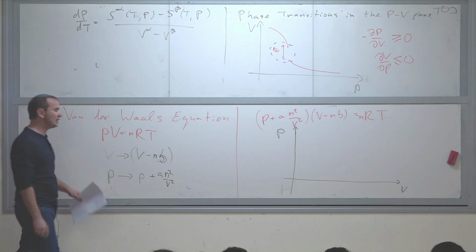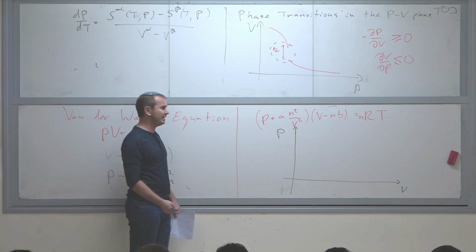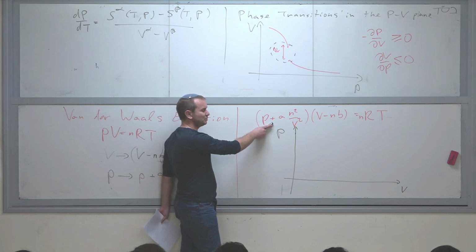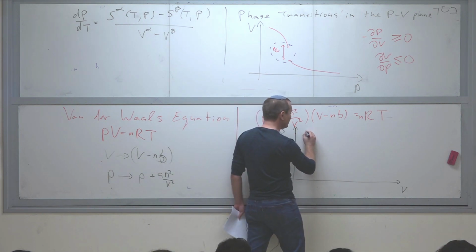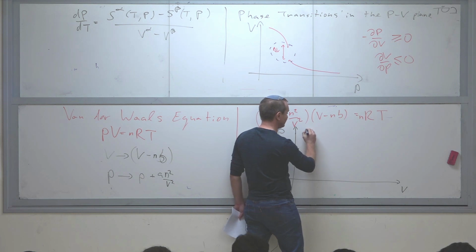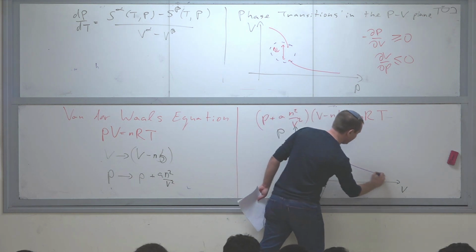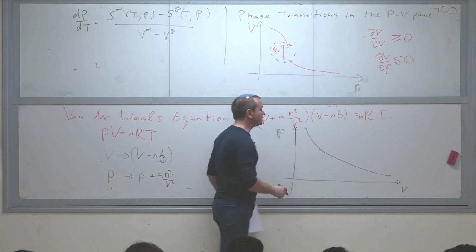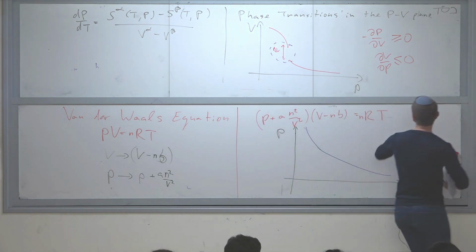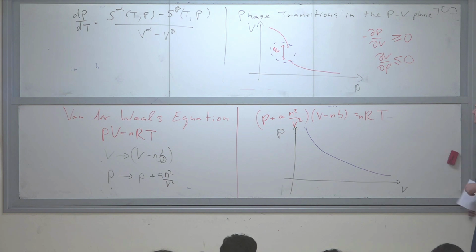So first of all, if the temperature is very high, we can plot P as a function of V from this equation. What we will see is that P always decreases as a function of V. This is exactly what we expect because we know that dP/dV is smaller than 0.